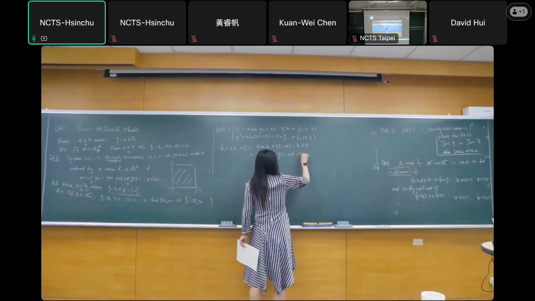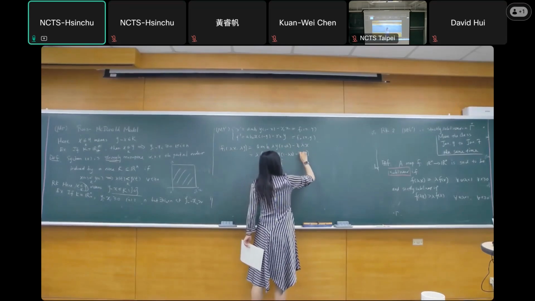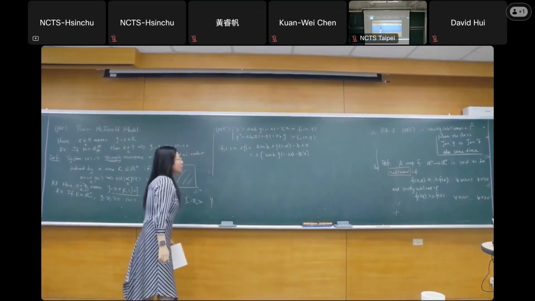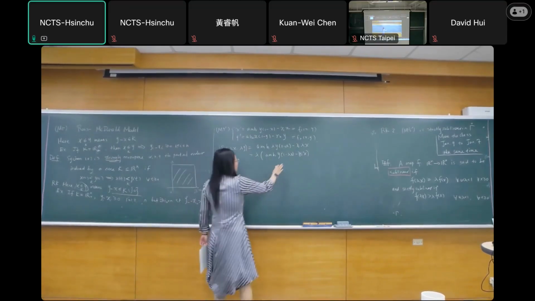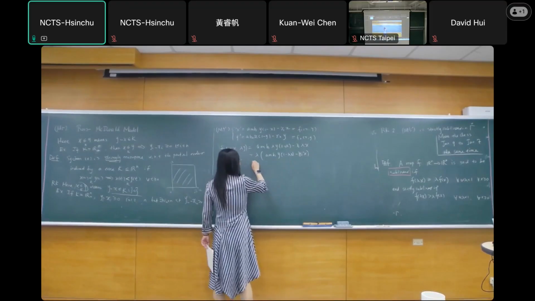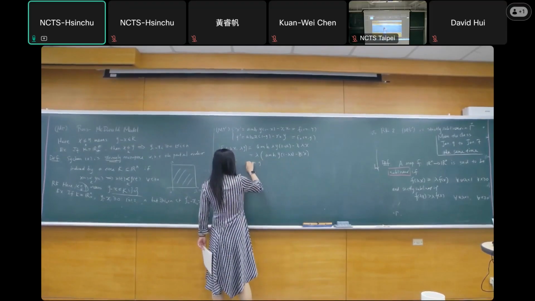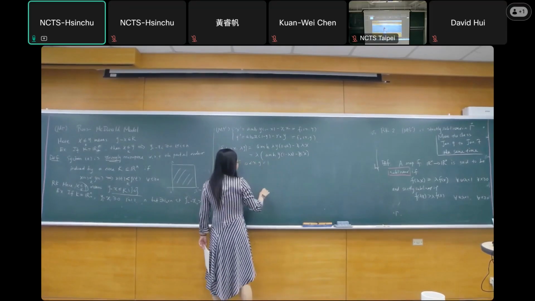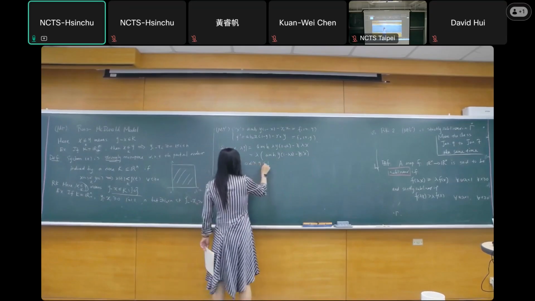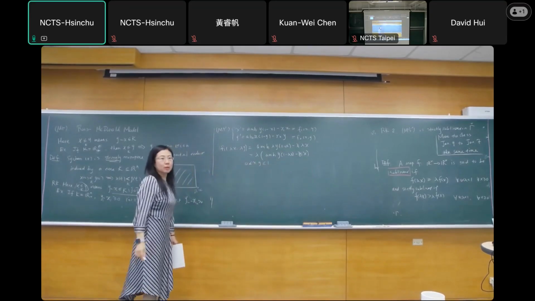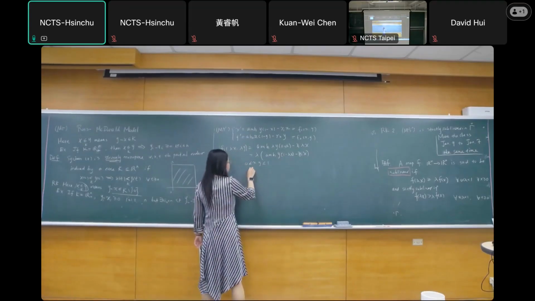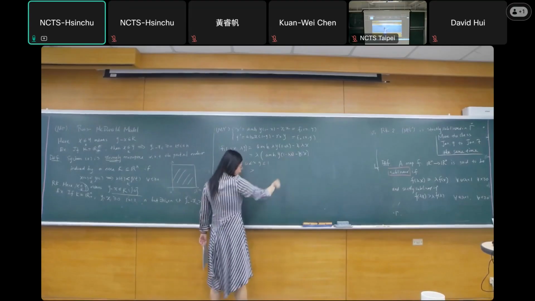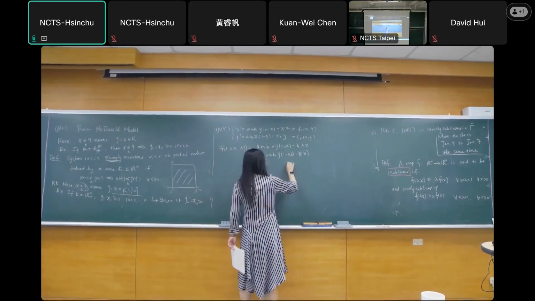Let me know if I copy anything wrong. Okay, this looks right. 我们现在一步一步做，everything is between 0 and 1.